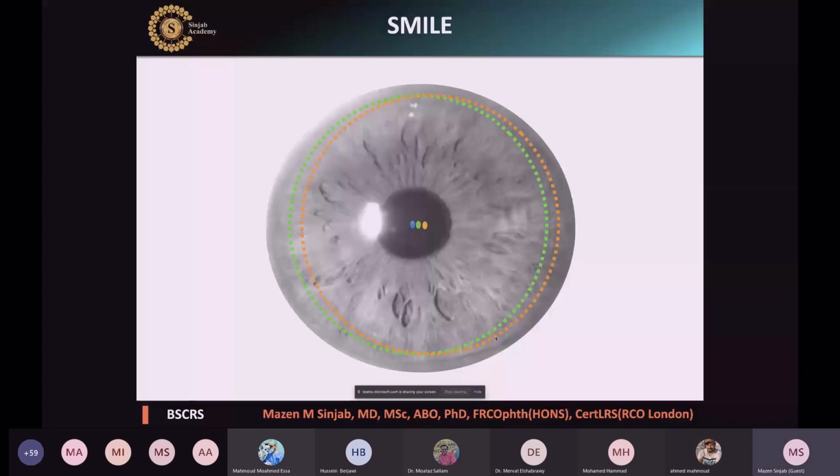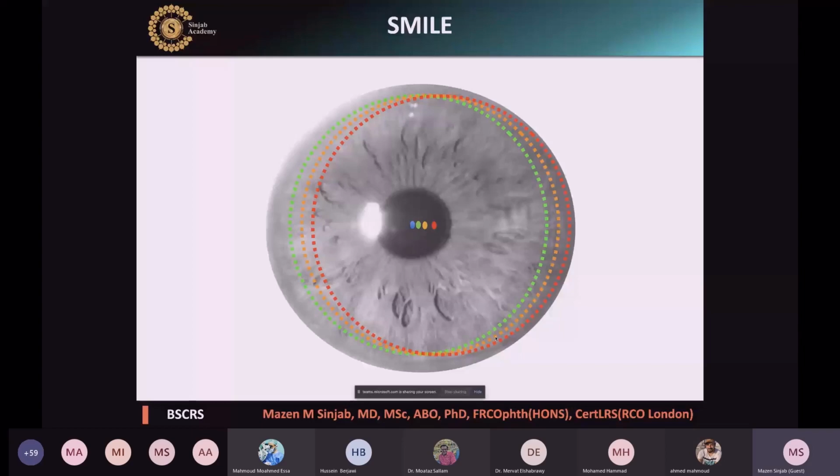Now, if angle kappa is large, and because we are centralizing the cut within the visual axis, then we are going to cut through the limbus, and there will be very much difficulty in dissection. So by considering white to white, we can make the cut just smaller to avoid intersection with the limbus.